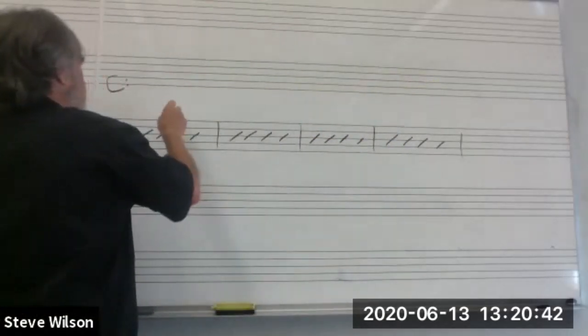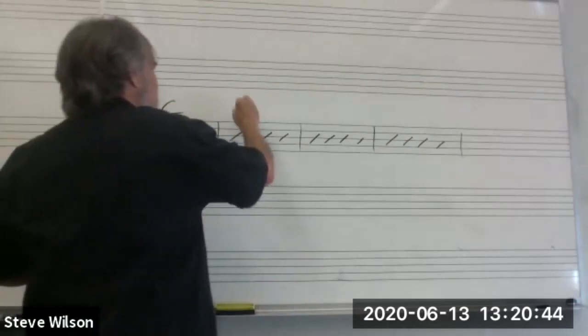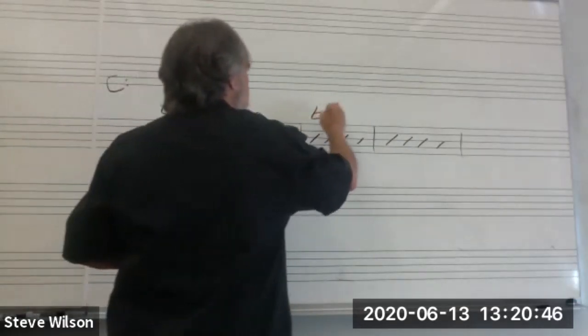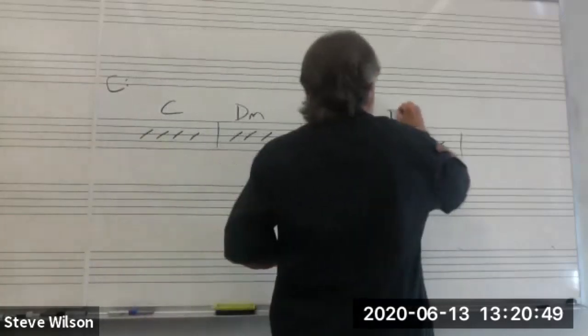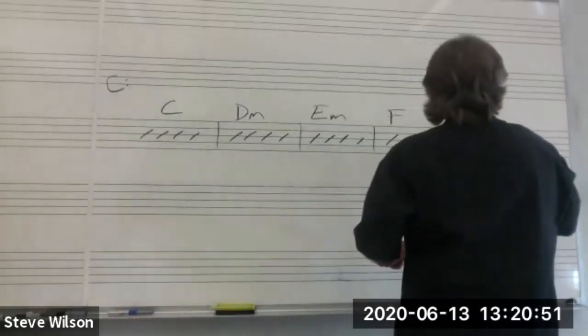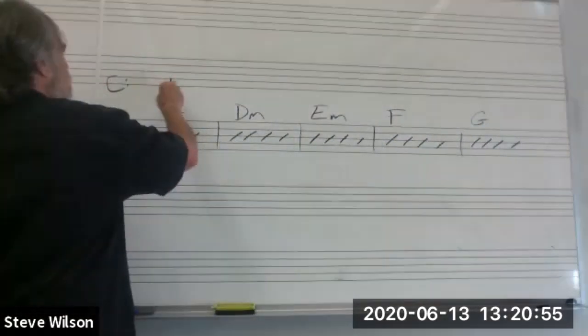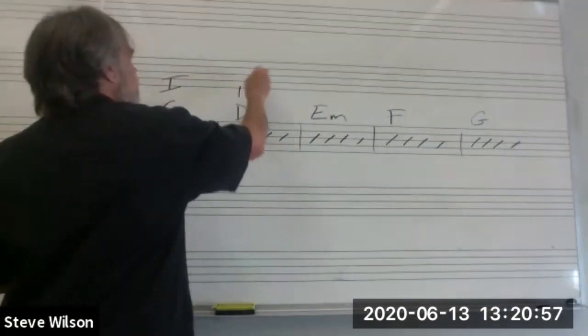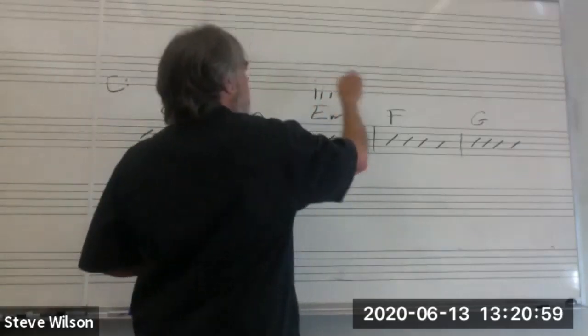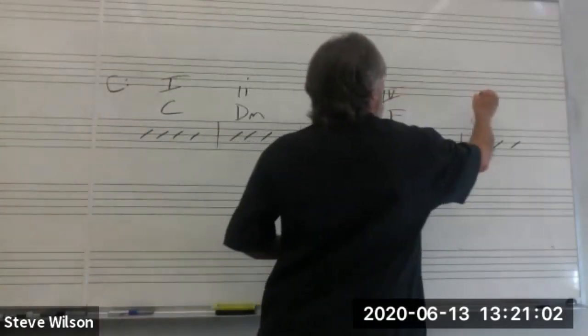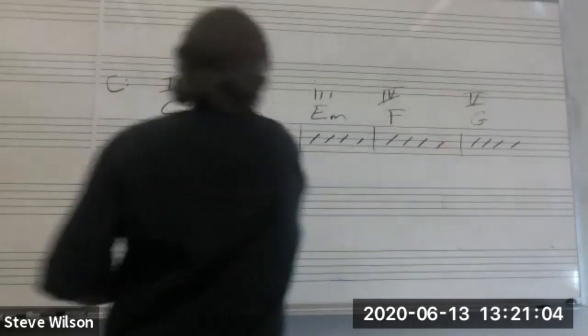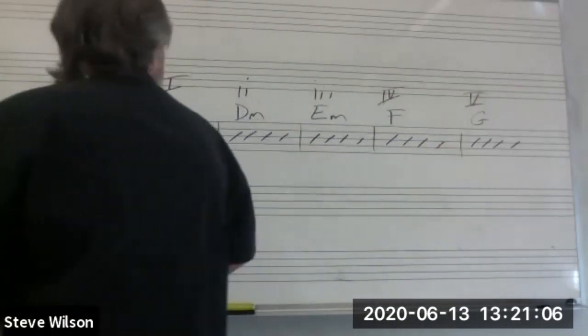I started out on C, and then I went D minor, E minor, F, and then G. This is something called a line progression, which just goes 1, 2, 3, 4, 5.